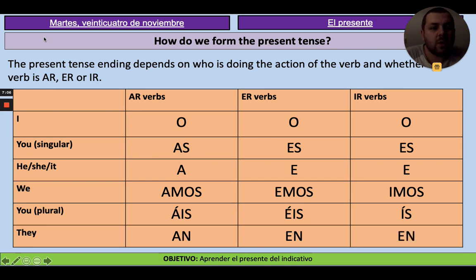Okay, so those again: o, es, e, imos, is, en.